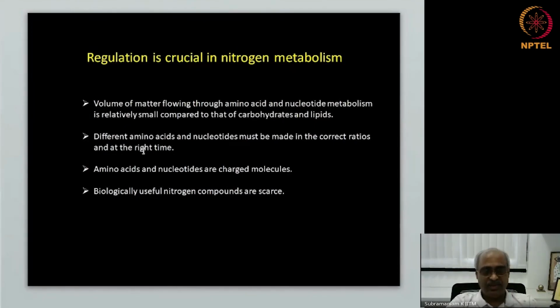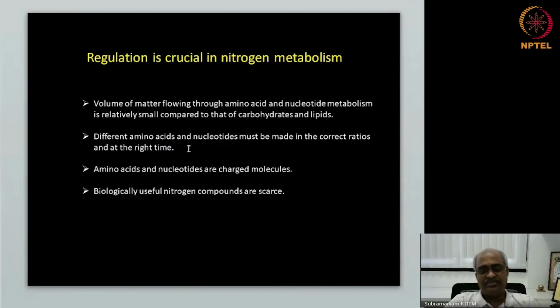And different amino acids and nucleotides, remember purine, pyrimidine, they have nitrogens. They are actually called nitrogenous bases. They must be made in correct ratios and at the right time. So if you want to make a protein with 300 amino acids, and out of the 20 amino acids, you are deficient of only 1 amino acid, you're not going to make the 300 amino acid protein.